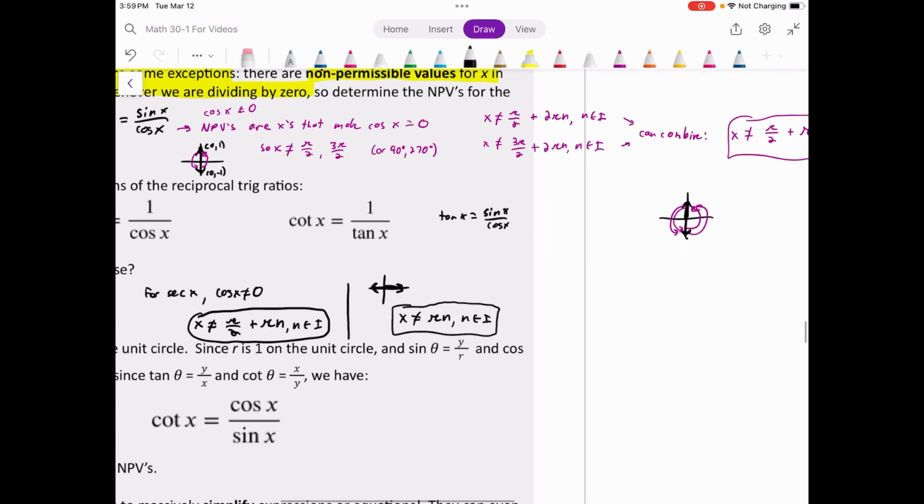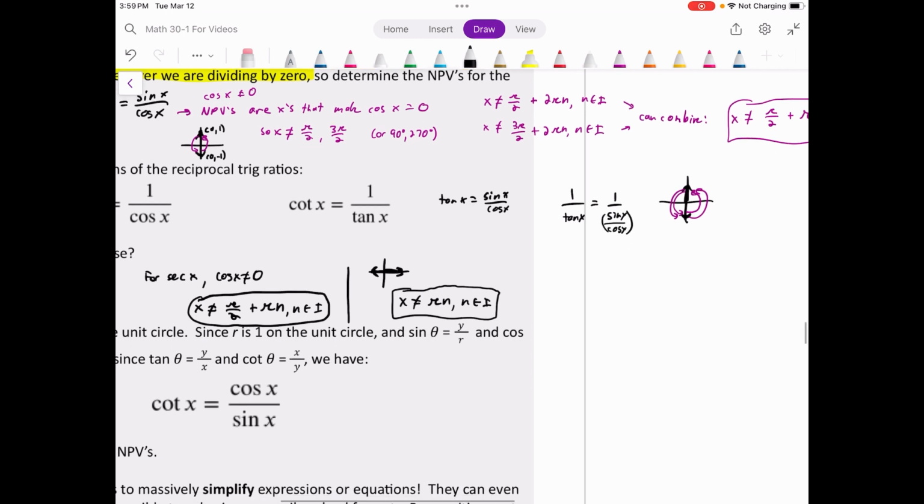Okay, now this actually makes a lot of sense too. Look, 1 over tan x, cotan x, is 1 over sine x over cos x, right? And dividing by a fraction is the same as multiplying by the reciprocal, so this is the same as cos x over sine x, right? Shows us that cotan x, which, by the way, is another identity on your sheet, is just flipping the sine x over cos x, because that's what cotan of x does.